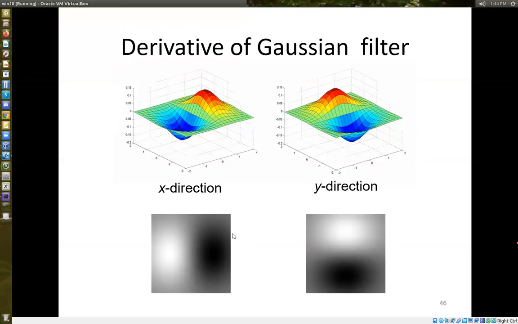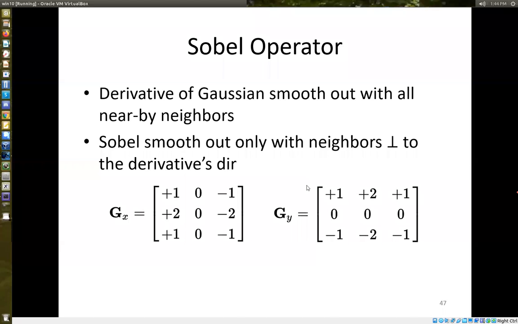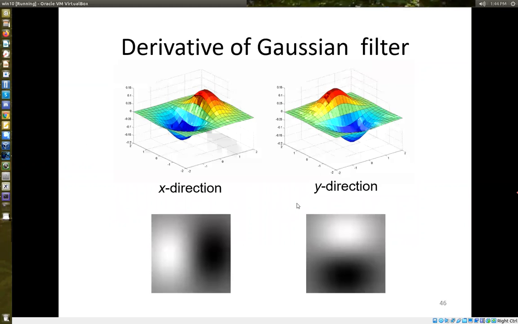Then you basically do the same thing. You filter the image with this component and with this component, and then you add them together and look at the magnitude. If the magnitude is sufficiently large, then we have the edge detected.